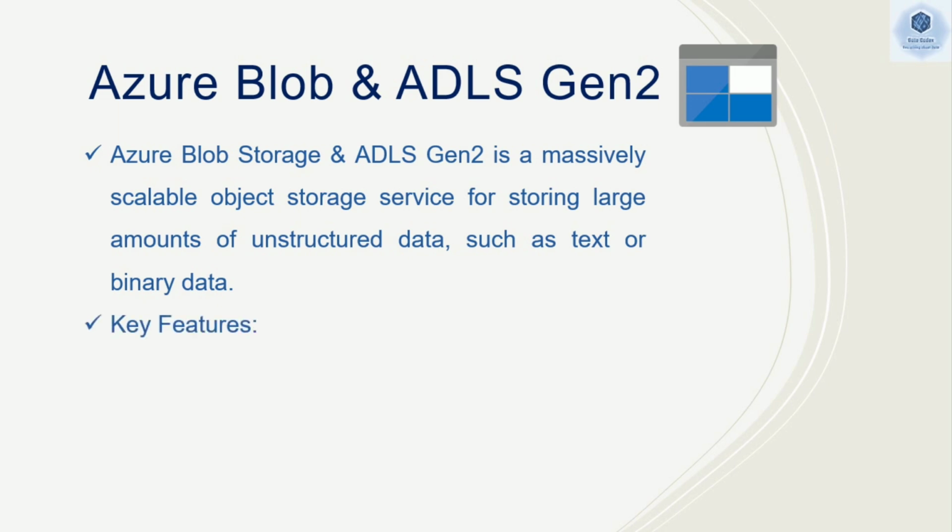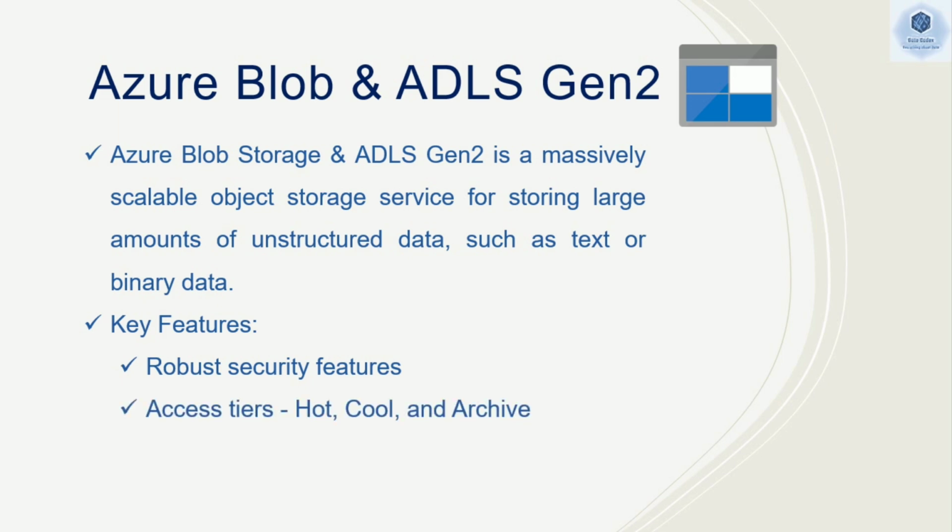There are several key features of Azure Blob Storage which allow you to store your data securely. Azure provides robust storage security features for your storage accounts, and there are different kinds of access tiers.